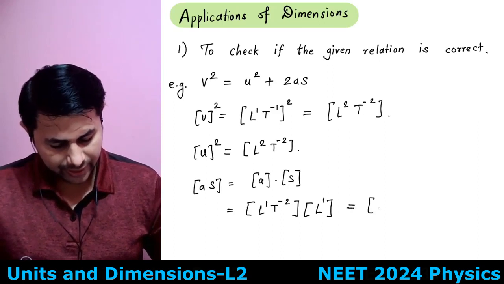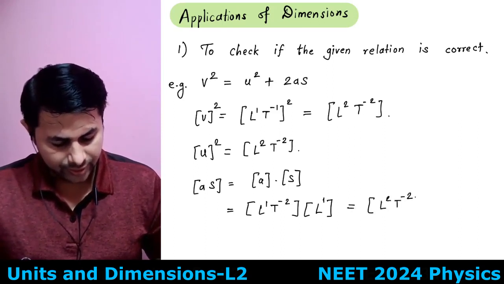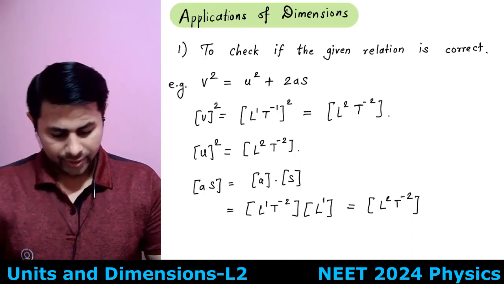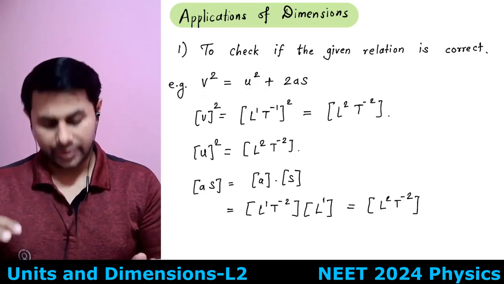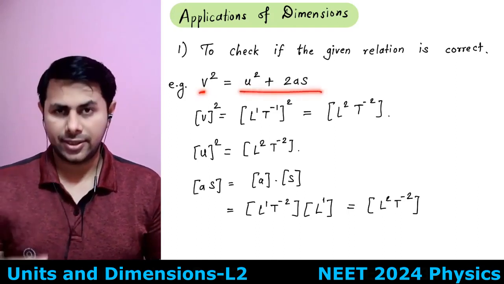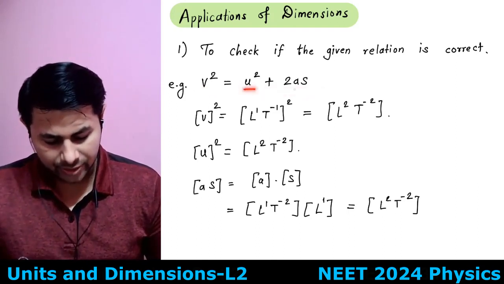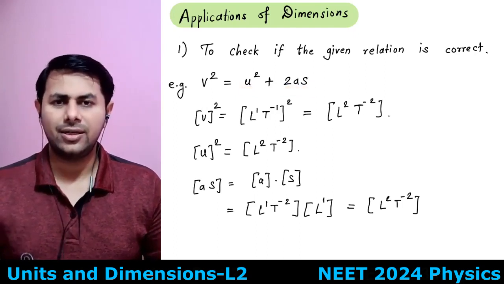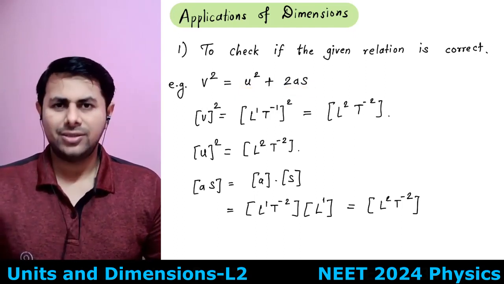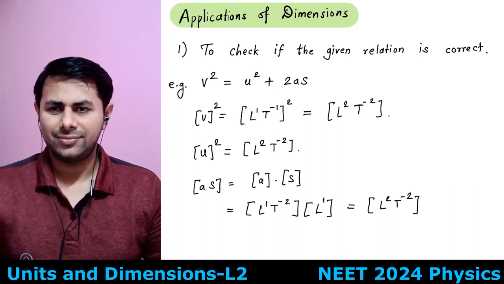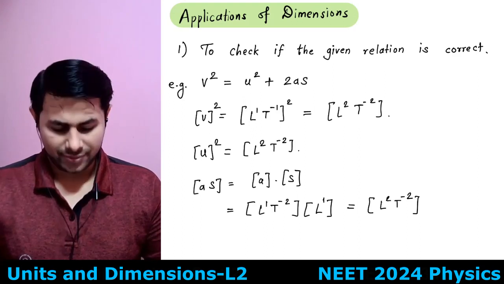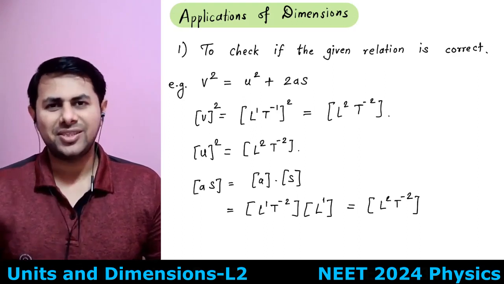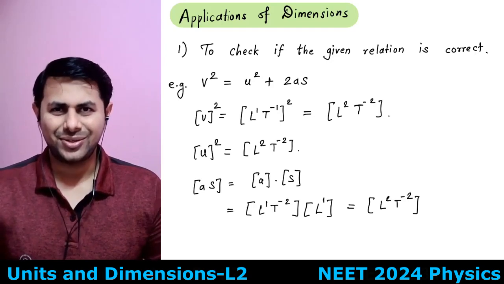So the dimensions are L^2 T^-2. So the dimensions on the LHS are equal to the dimensions on the RHS, and the dimensions of the two terms on the right hand side are equal. That means the equation is dimensionally correct.